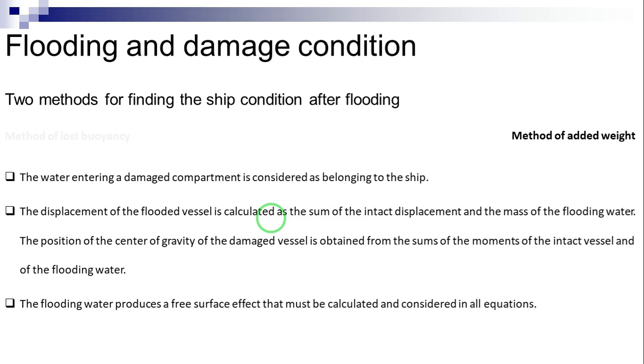Another reason may be the need to avoid confusion with the term added mass. In the method of added weight, the displacement of the flooded vessel is calculated as the sum of the intact displacement and the mass of the flooding water. The position of the center of gravity of the damaged vessel is obtained from the sums of the moments of the intact vessel and the flooding water.